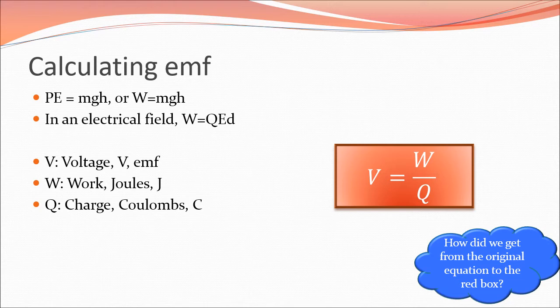And in gravity, it only ever acts vertically, so we can only describe it as the change in height, whereas an electric field can act in all directions. So it's just the distance that you move through that field. So in an electric field, the work done on an object with charge is equal to QEd.